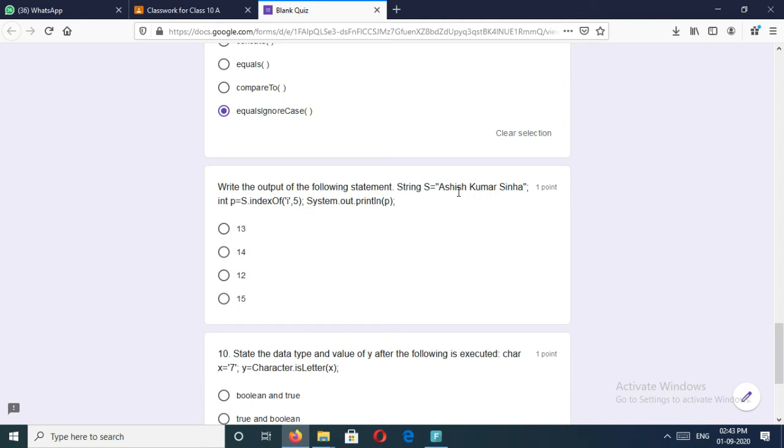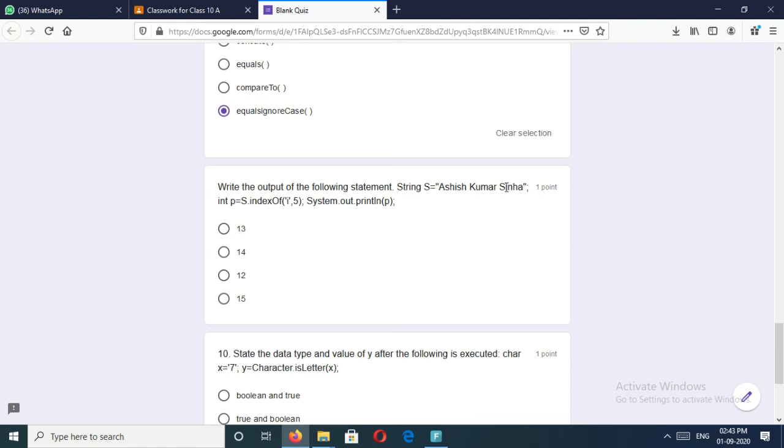Don't take this first i index. After the fifth position, whichever i comes, that number you have to take. Okay, here 0, 1, 2, 3, 4, 5, 6, 7, 8, 9, 10, 11, 12, 13.